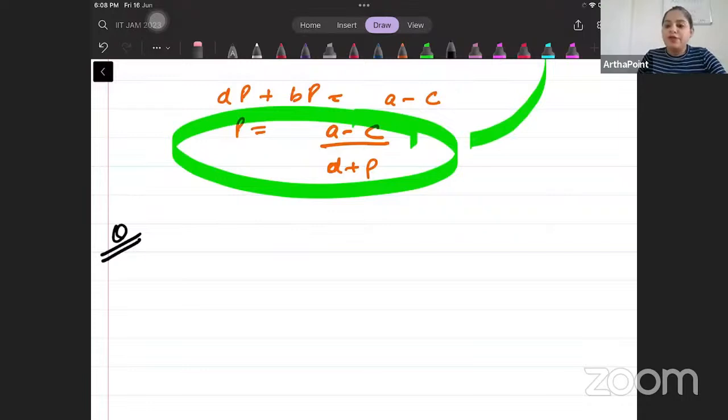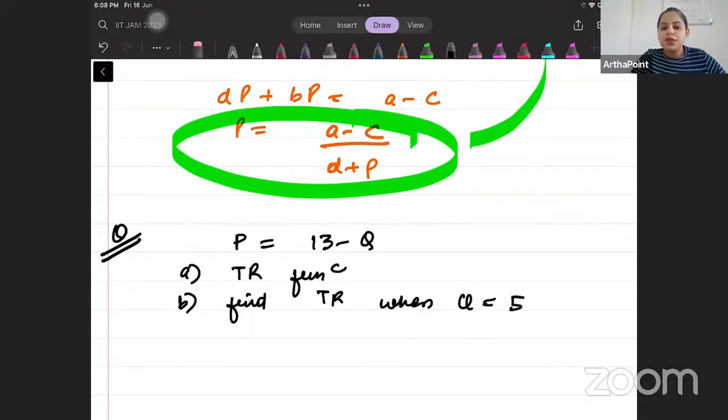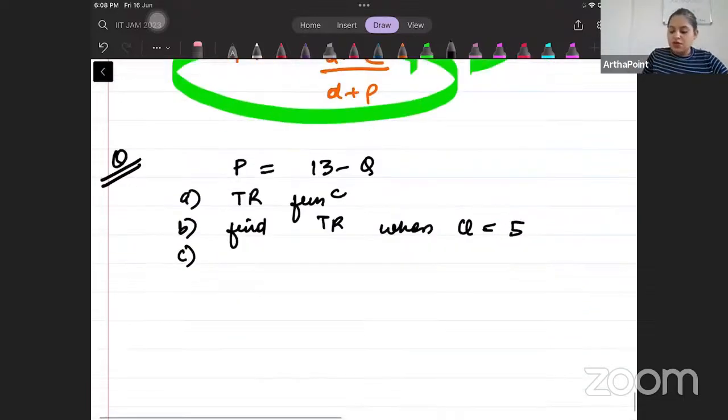So the demand for lemonade, suppose, is given to you as P is equal to 13 minus Q. You're supposed to write the total revenue function. You're supposed to find total revenue when Q is 5, right? Then suppose you're given that total cost is 3Q.